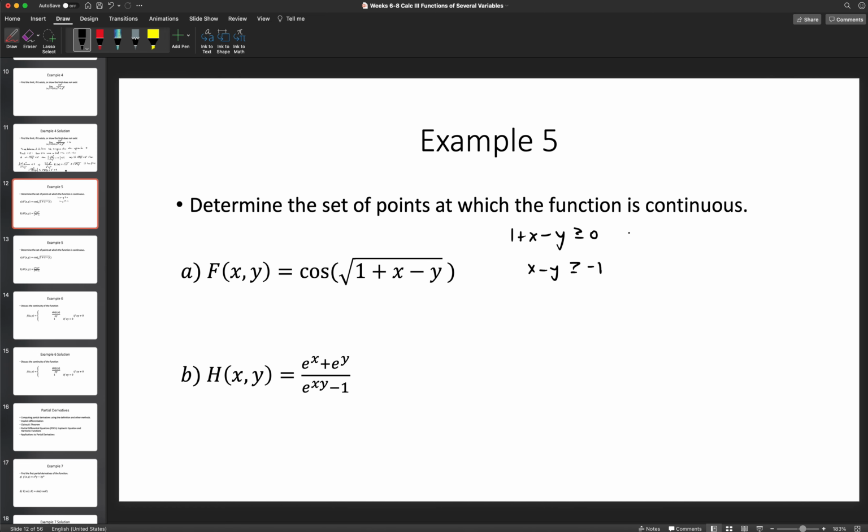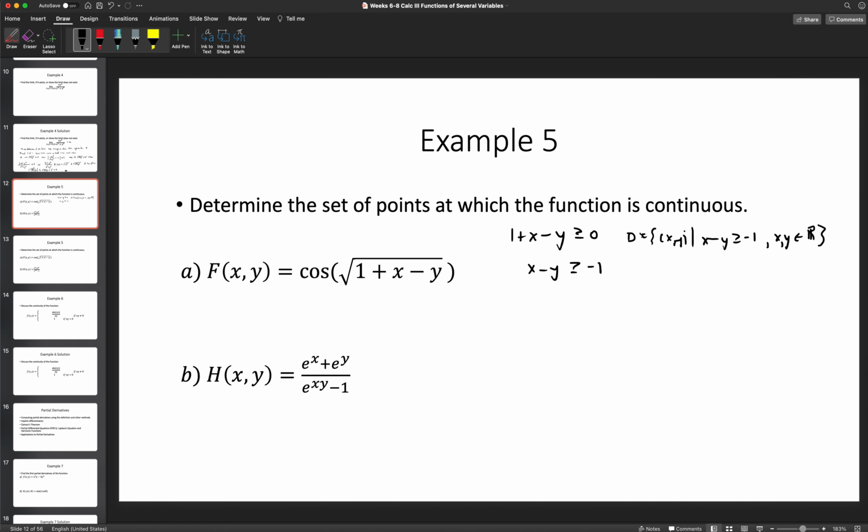So the domain D for this function is the set of ordered pairs x, y such that x minus y is greater than or equal to -1, where x and y are real numbers.